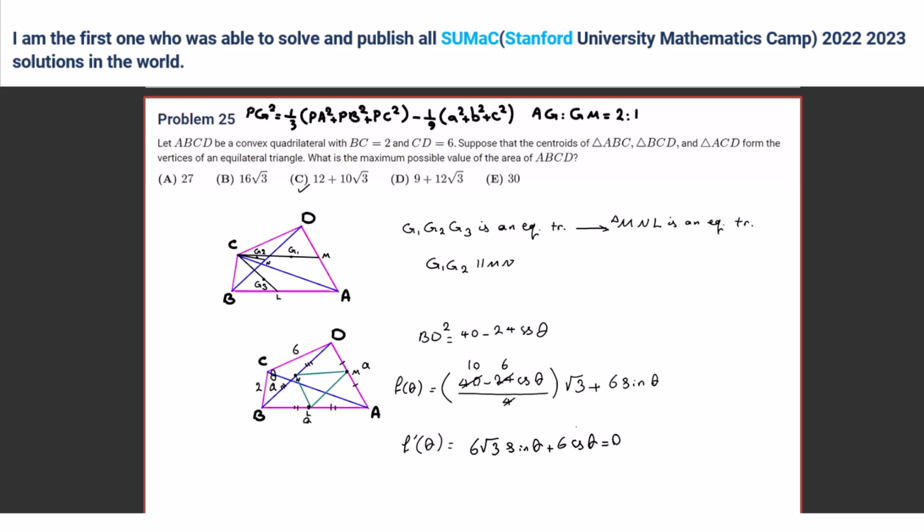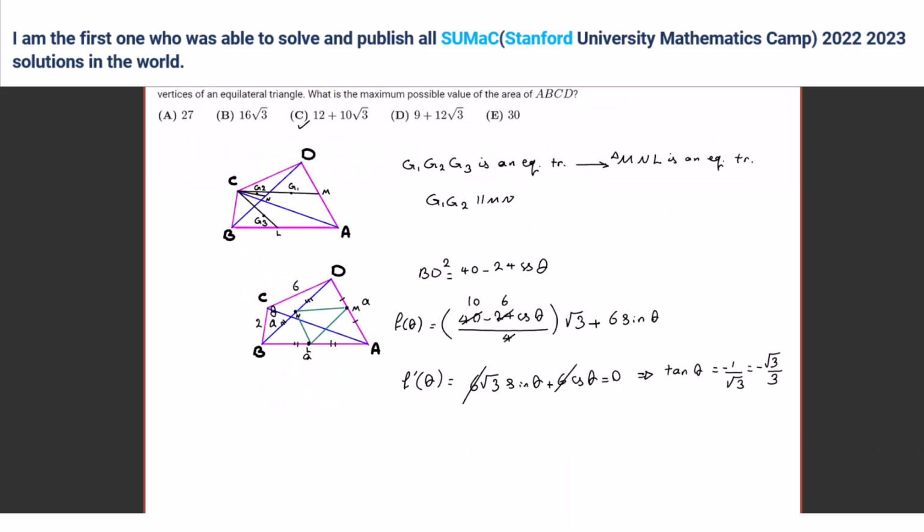Then we can divide both sides by 6. You can say tangent theta equals negative 1 over root 3. So theta is 5 pi over 6. We know tangent 30 is 1 over root 3, so it's tan 150, or 5 pi over 6, right?